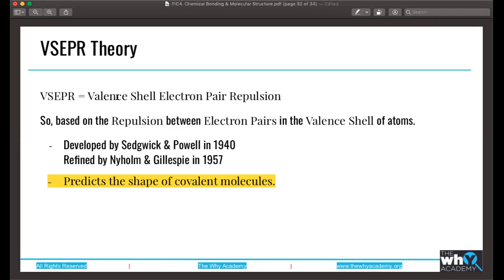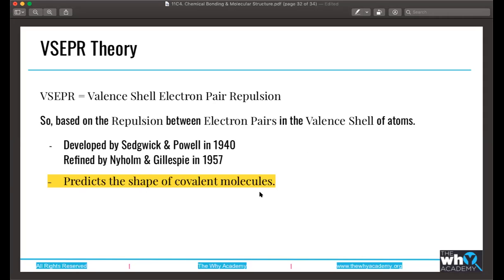VSEPR's full form is valence shell electron pair repulsion theory. It seems like random words put together, but there is a logic to it. This whole theory is designed to predict the shape of covalent molecules.